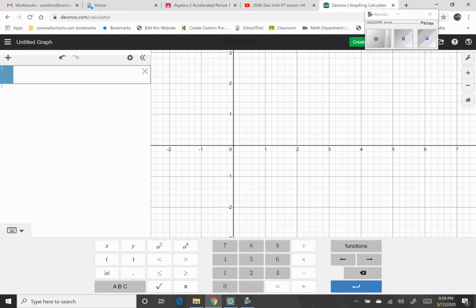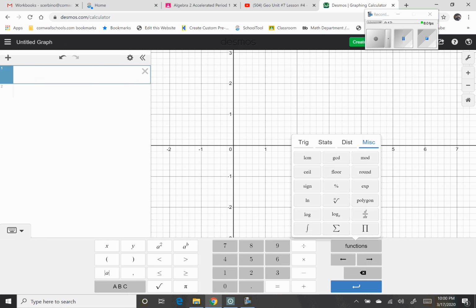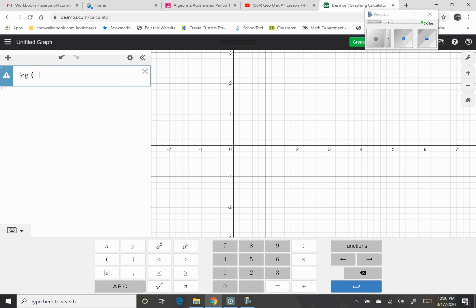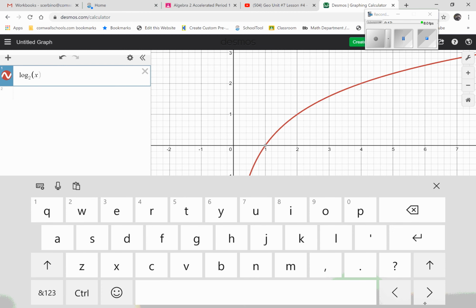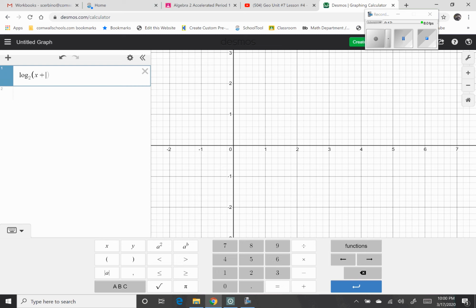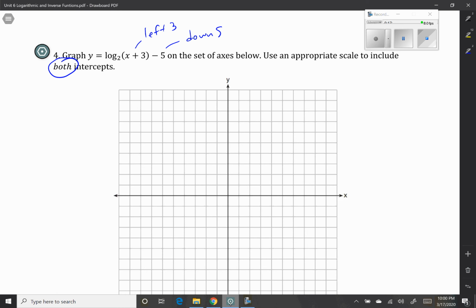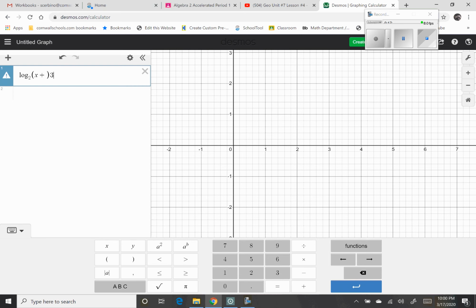Now let's start fresh. Function, miscellaneous, logarithm, base 2. And then we'll make this x plus 3 and then minus 5.